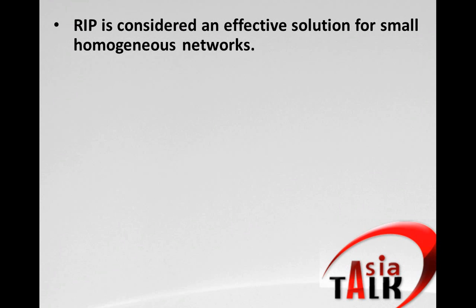RIP is considered an effective solution for small homogeneous networks. What do I mean by that? RIP can only be used for a small environment, maybe 20 or 30 routers. Why is it not recommended for very large environments? Because, as I mentioned earlier, RIP sends routing information every 30 seconds to the neighbor, the next router beside it, and it could cause high traffic.